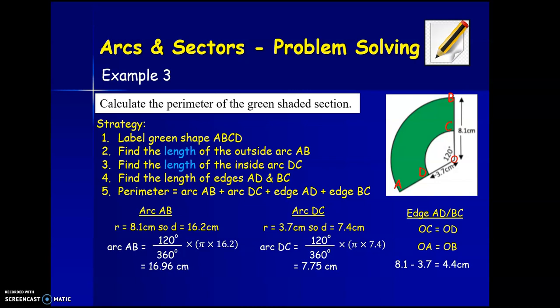So therefore we can say that the distance AD, or the distance BC, is 8.1, take away 3.7, so the distance AD or BC is equal to 4.4 centimetres. Now we can calculate our total perimeter. So 16.96 plus 7.75 plus 4.4 plus another 4.4. So we have a total perimeter of 33.24 centimetres.